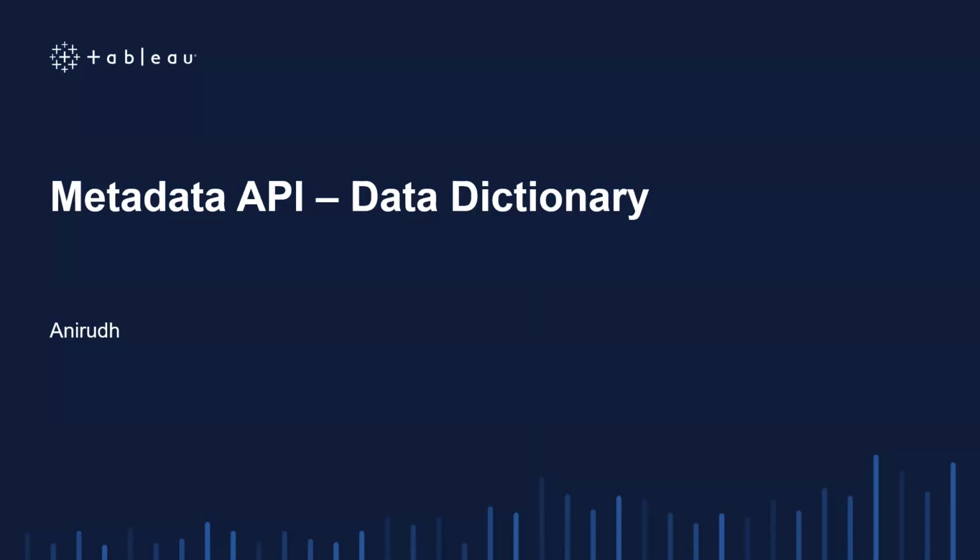Because there will be some scenarios where you have to join two or three different dimension tables and fact tables. So for that, our customer asked us to build an automated data dictionary.